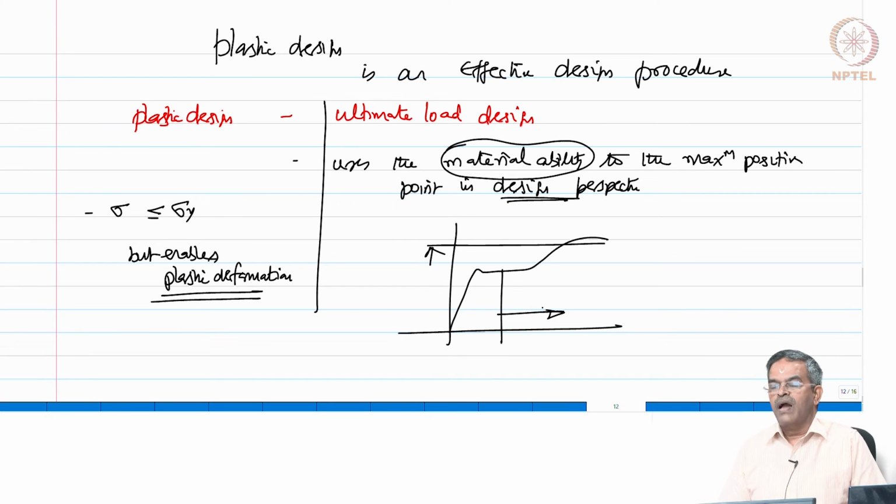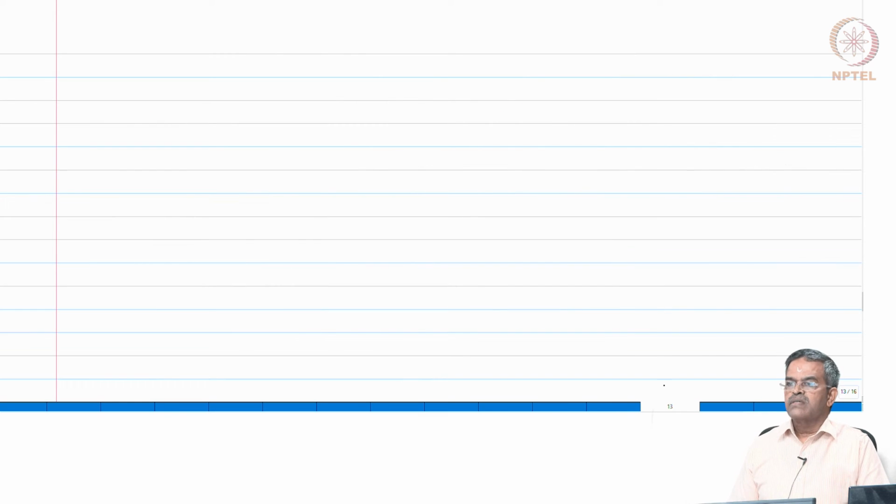So, I mean we are looking for a different perspective of conservatism. Okay. So, now I want to design the plastic moment carrying capacity, which we call a plastic design, of sections. How do we do that? Okay.